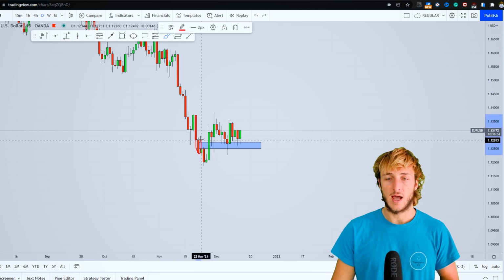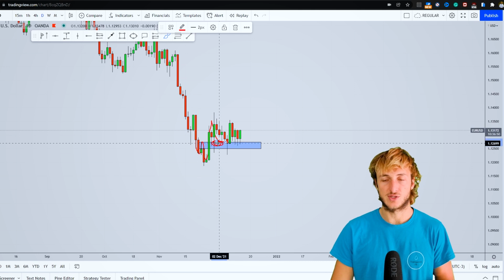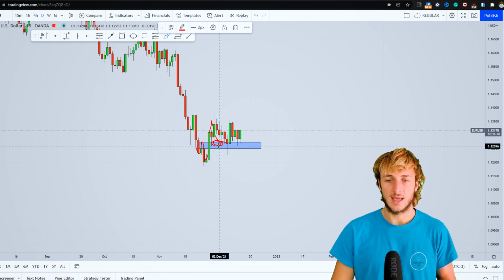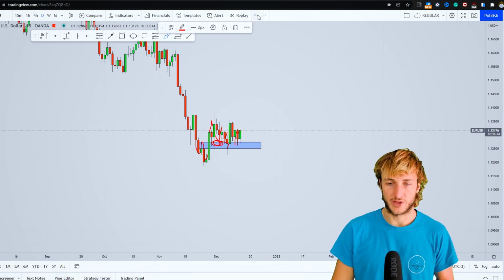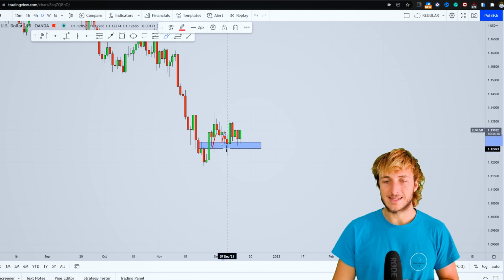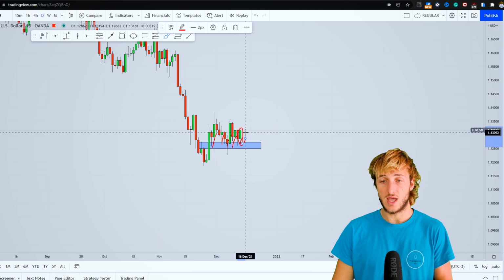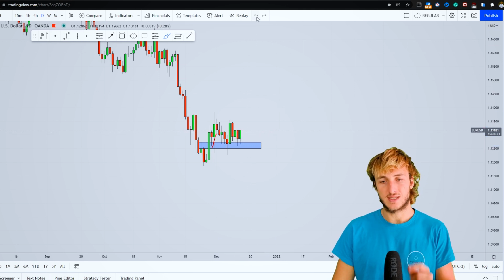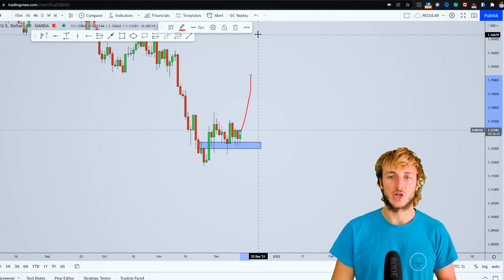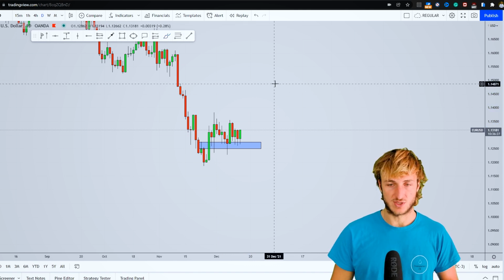And in fact, after the creation of this W, the market went and tested this previous resistance turn support, which is also the neckline. And since then, it has been rejecting this area to the upside multiple times. In fact, we can clearly see how at the moment we are still above this support and rejecting it to the upside today as we are speaking. So there is definitely the possibility to see the rejection to the upside that we already wanted to see from a monthly and weekly perspective.